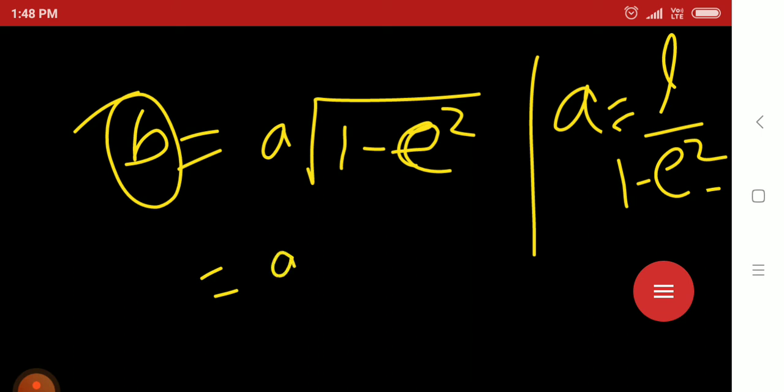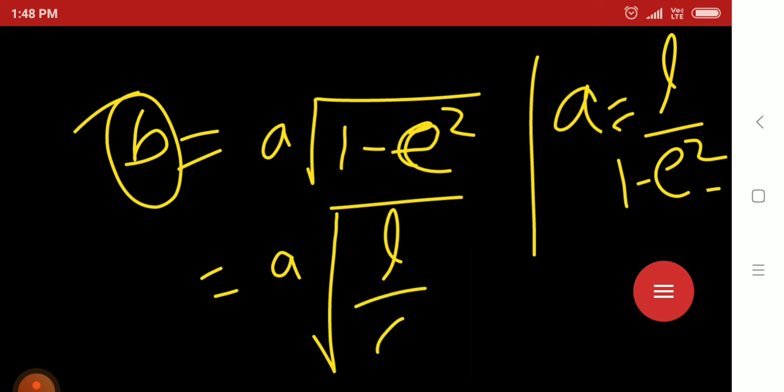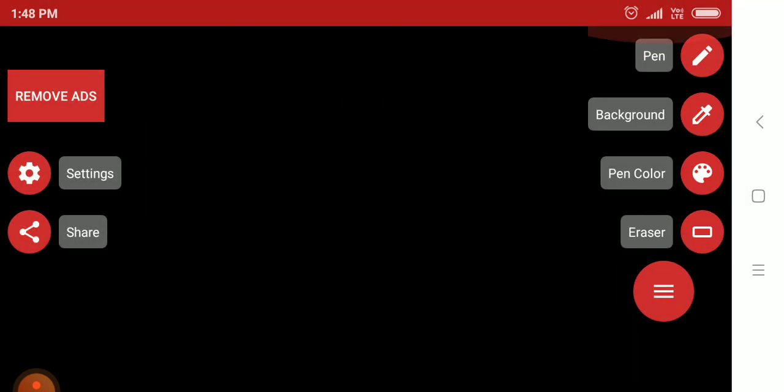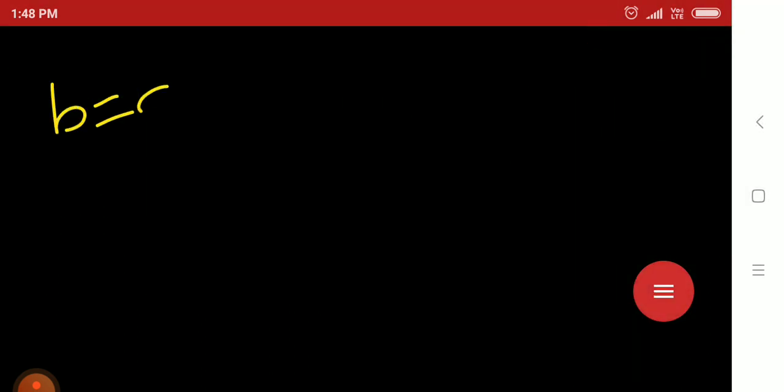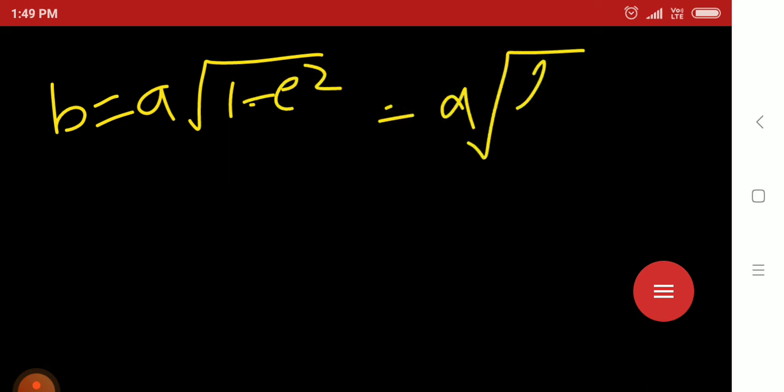So we can write root over 1 minus e square equals root over L by a. So b equals a into root over L by a.